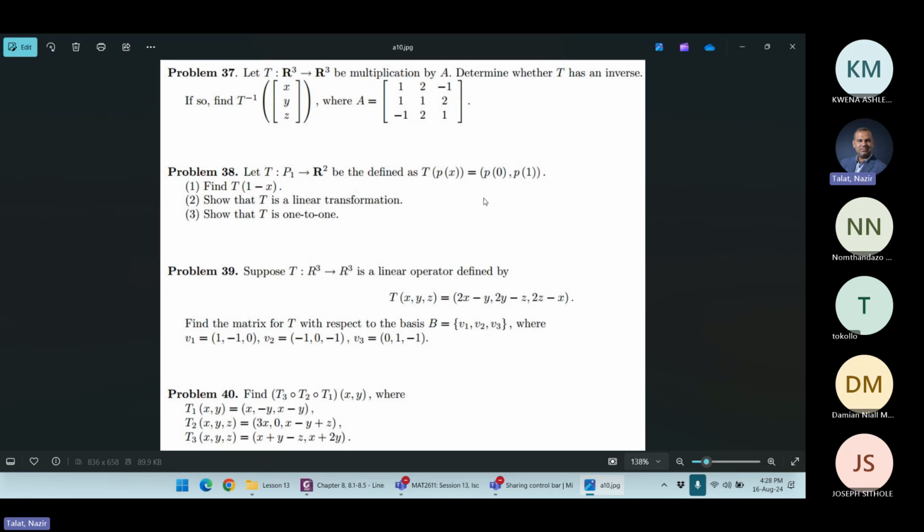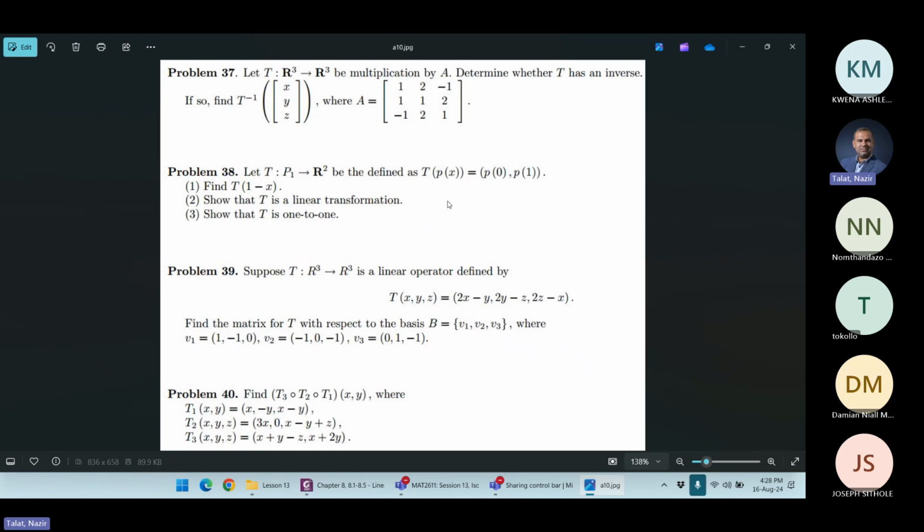Similarly, show that this operator is a linear transformation, meaning it fulfills both conditions: that T of p(x) plus q(x) is the same as T of p(x) plus T of q(x), for all p(x), q(x) coming from P1. Moreover, T of alpha times p(x) is the same as alpha times T of p(x). So if both conditions are fulfilled, this shows that such a transformation is a linear transformation.